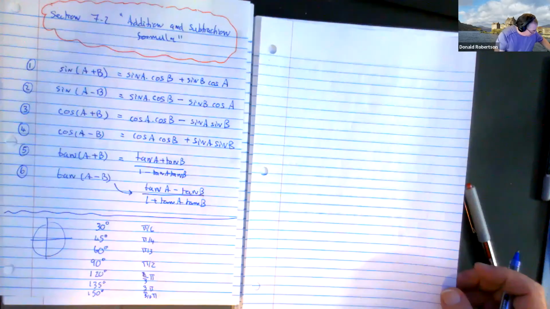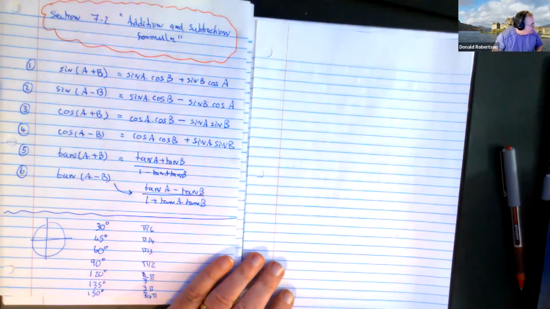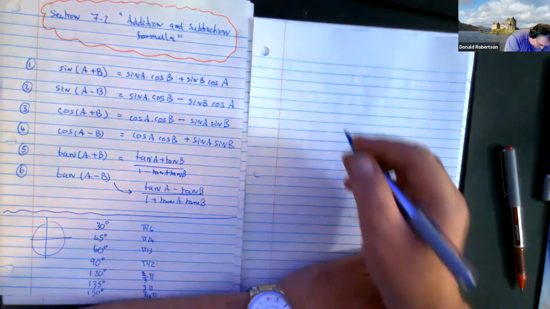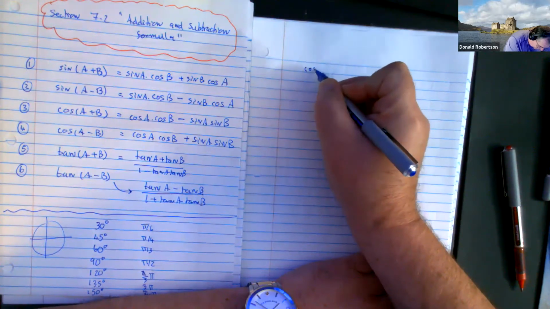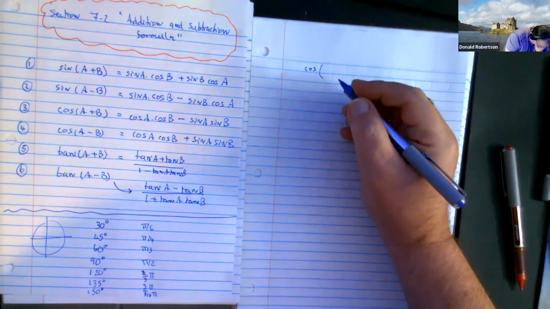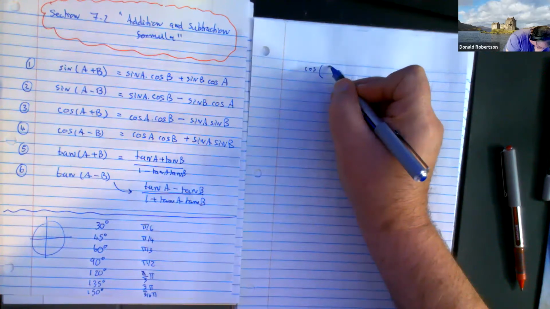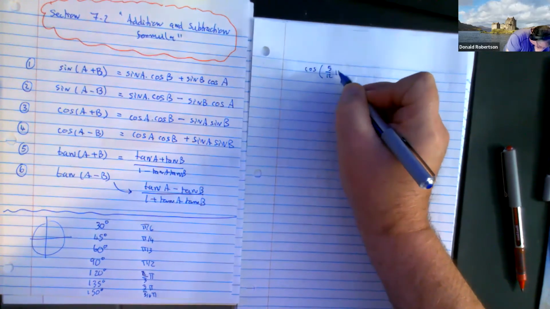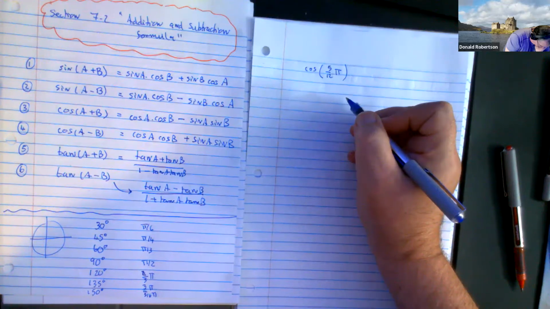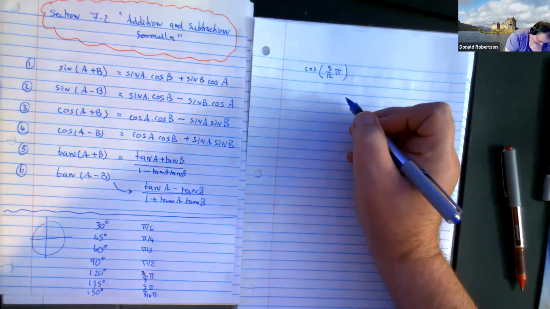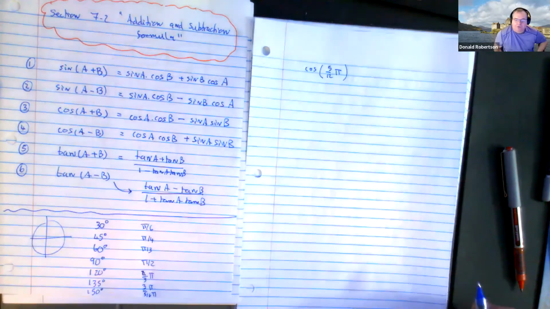Now, the next bunch of questions are essentially the same questions that I've just done, but we are going to have to do it with radians. Okay, so suppose I ask you to find the exact value of 5/12 pi.